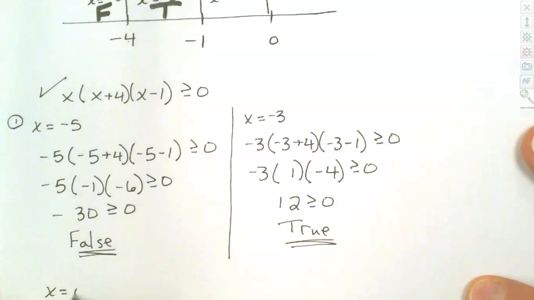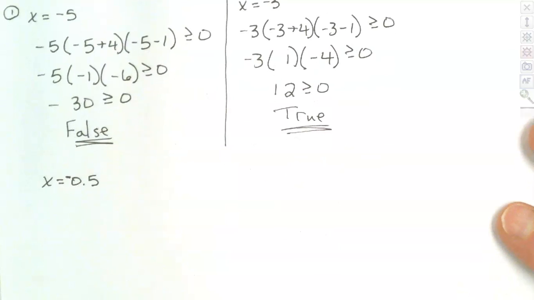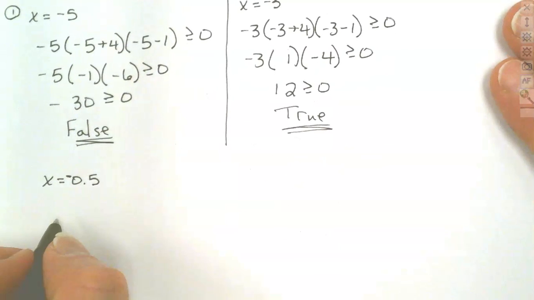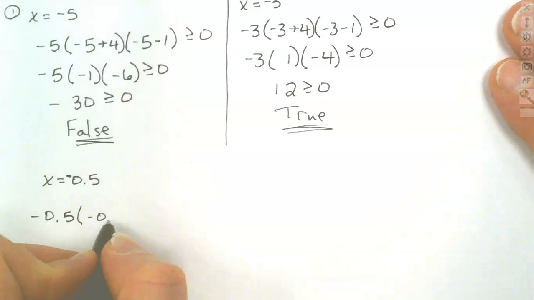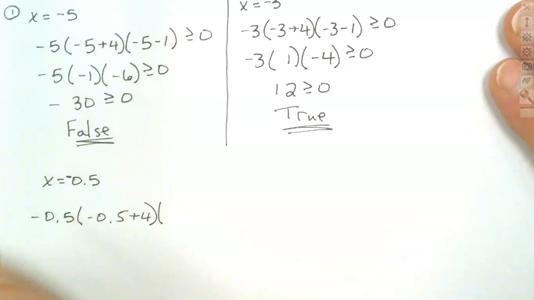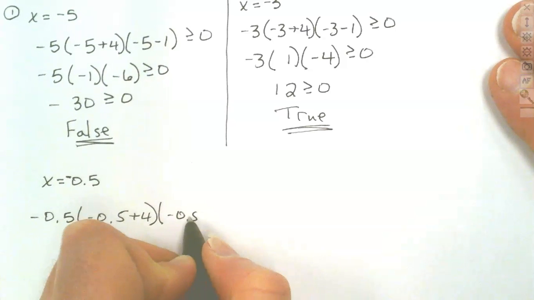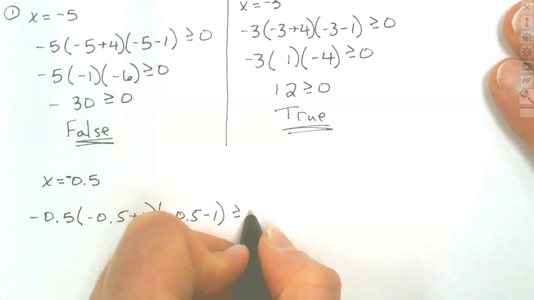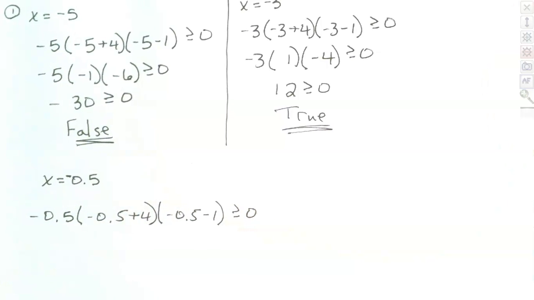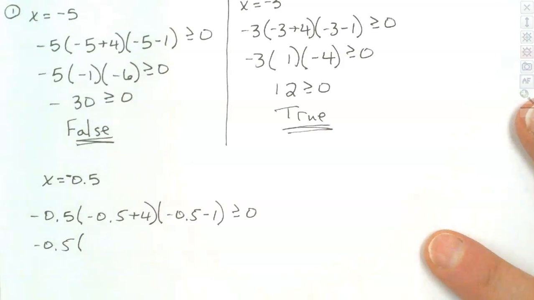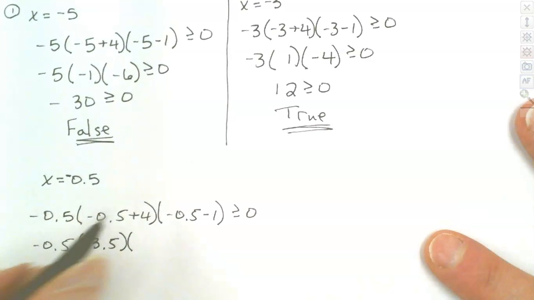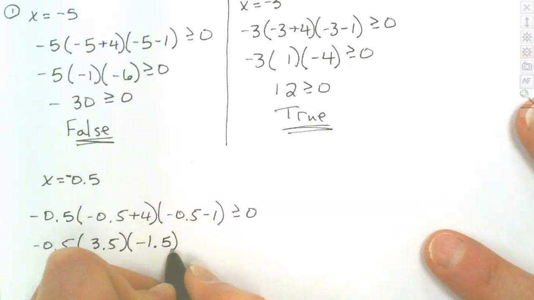Let's check a negative 0.5 here. So plugging in that negative 0.5, we've got a negative 0.5 times a negative 0.5 plus 4, and a negative 0.5 minus 1. Okay, so it looks like we've got a negative 0.5. We've got a 3.5 in the middle, and we've got a negative 1.5 on the end.